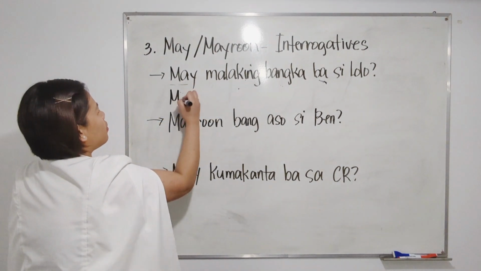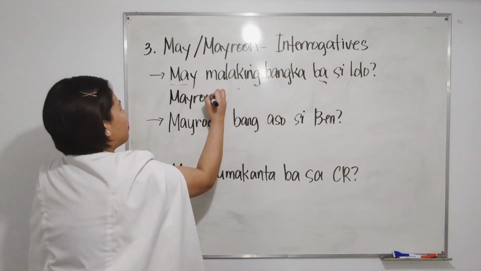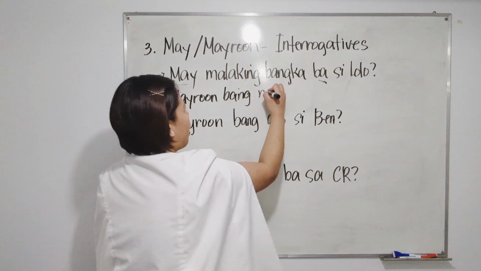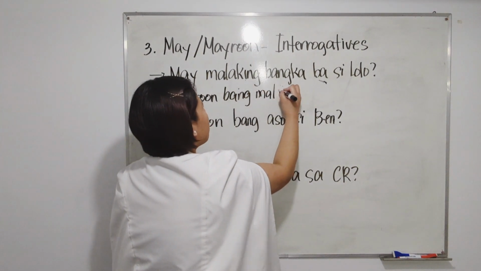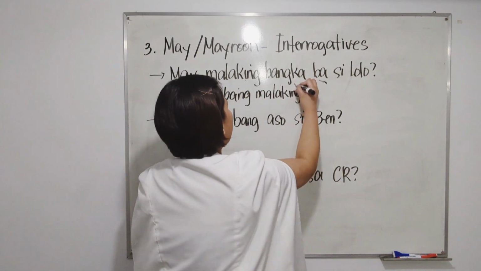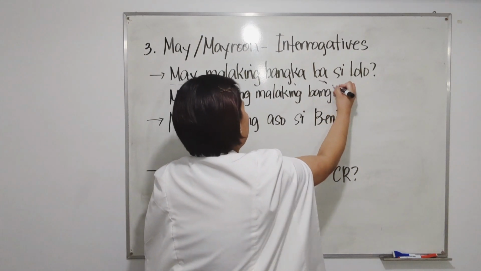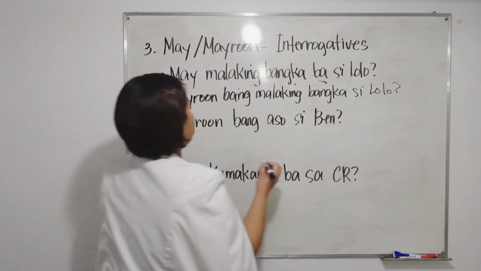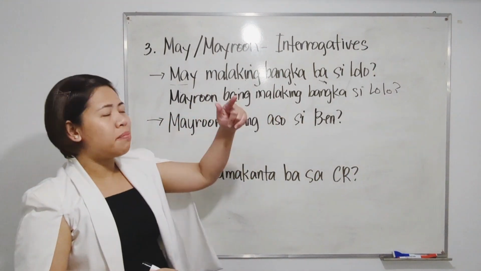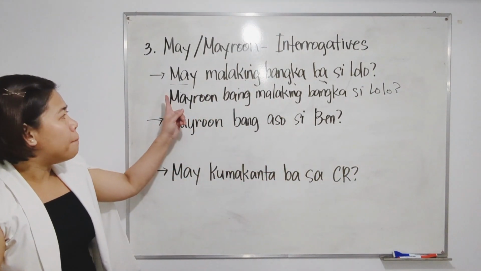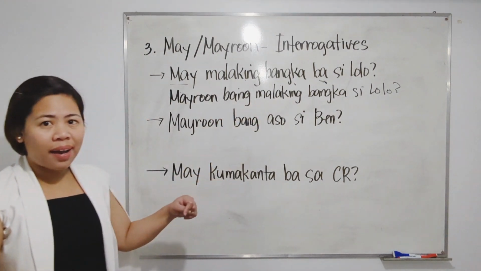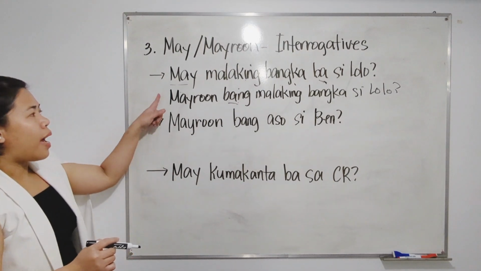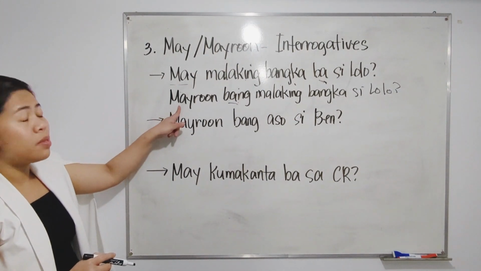I'm gonna write that down. Mayroon bang, and then malaking bangka. Meron bang malaking bangka si Lolo? There, that's your question. Mayroon bang malaking bangka si Lolo? Or you read this as, meron bang malaking bangka si Lolo? So you put ba here, the word particle next to has or have, so now you can use mayroon.